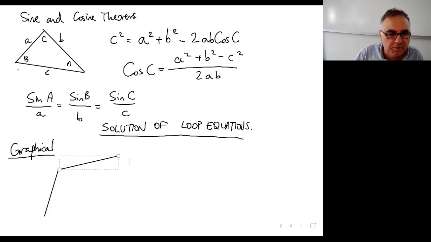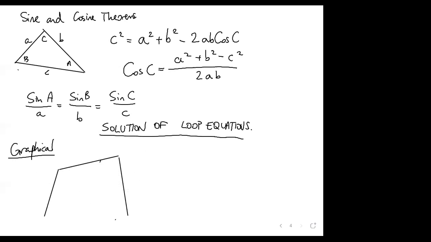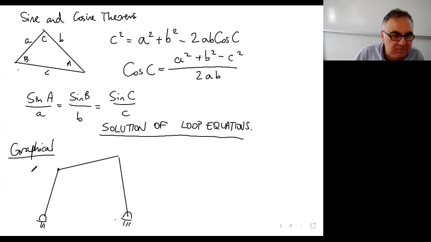Let's say that you have a 4-bar mechanism like this one. So what happens as the 4-bar moves is this thing, let's say this is A0, this is B0, traces a circle, right? So its path is something like this.